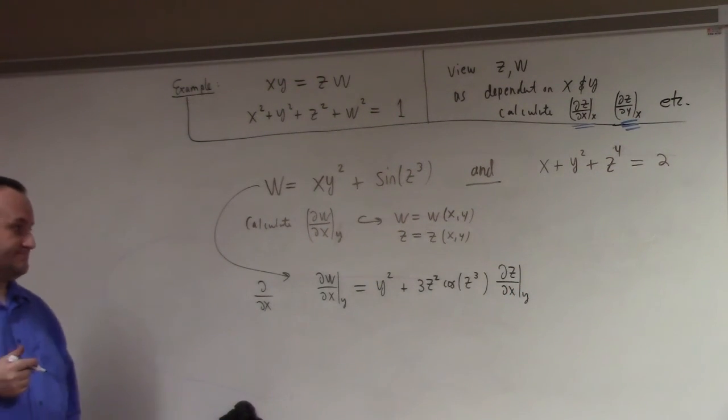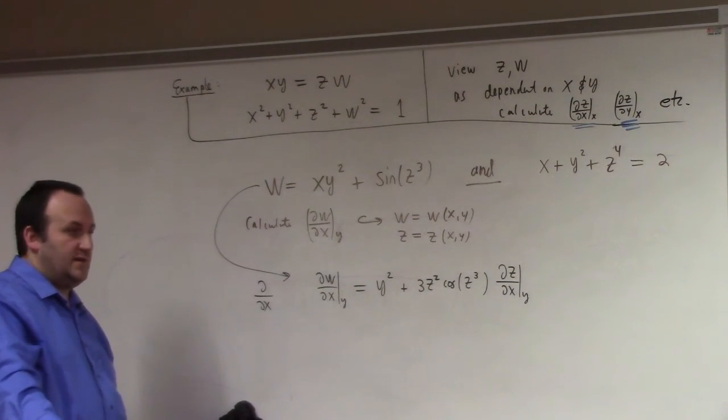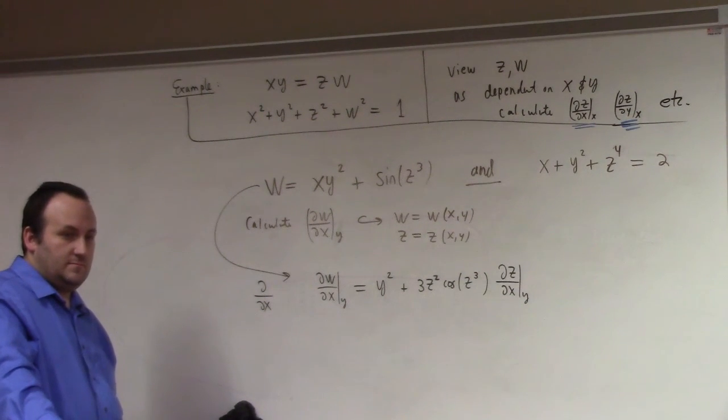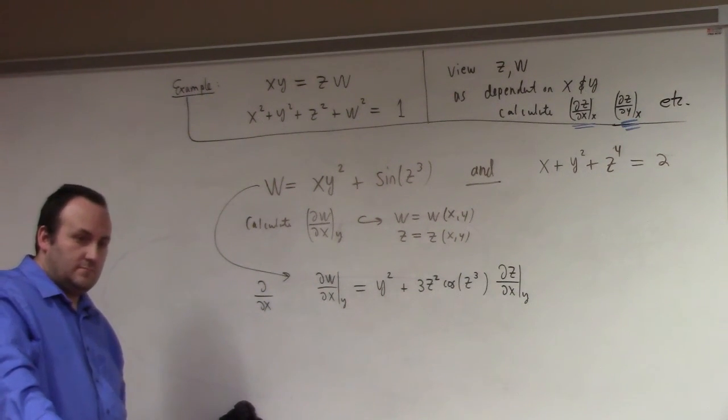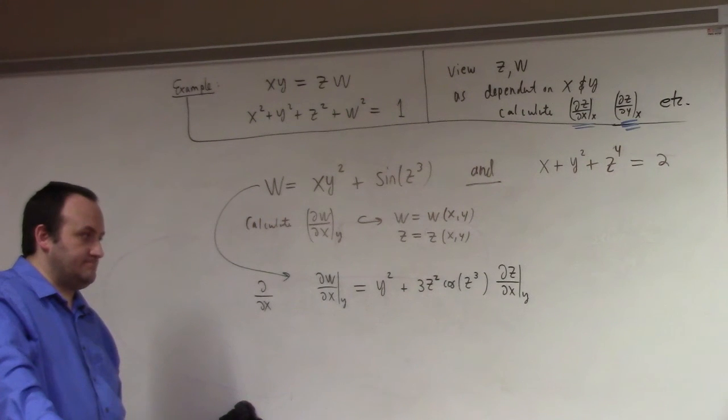Why is the partial x holding y fixed there? Because z is a function of x and y. I can't take x, y, and z as independent in this case, no. So any variable that is dependent, you do that with that.